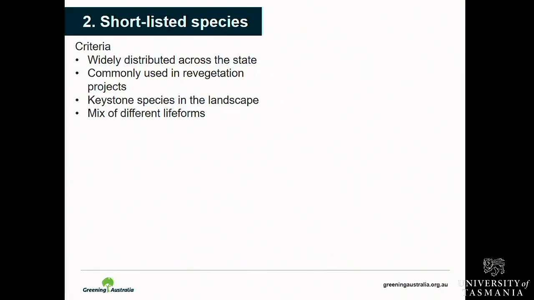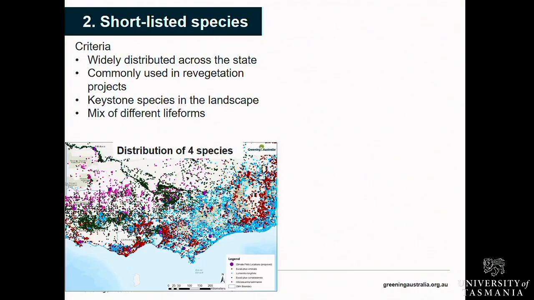And what are our criteria for selecting species? Well, we want species which are widely distributed across the state and are commonly used in revegetation projects at the moment. We also want species which are keystone in the landscape, which are really important for that landscape. And we want a mix of different life forms in these plantings.